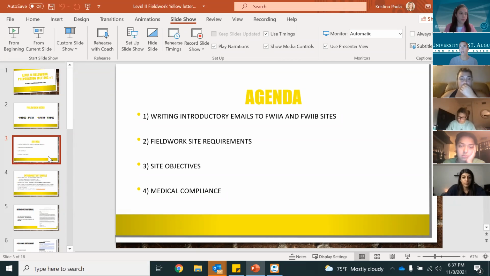So the university, we only require our medical requirements that you've done throughout the entire time in the curriculum. However, some sites may request additional. So we'll let you know what some of those fieldwork site requirements might be so that you can start thinking about and preparing. Site objectives, what site objectives are, what they mean, and then medical compliance.